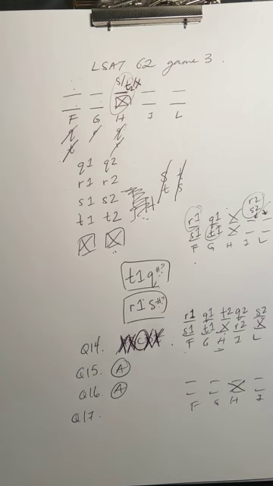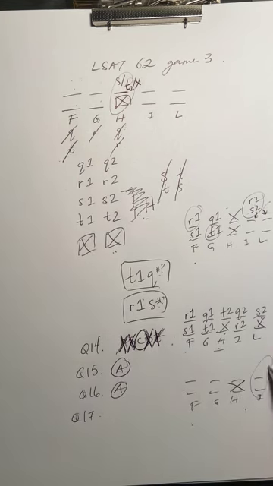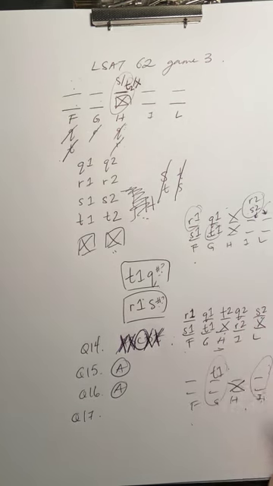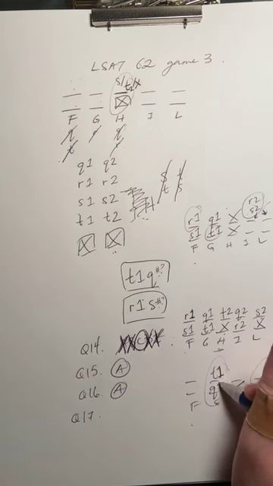And Q can't be here or here. Q1 is going to have to be with T1. So they're not going to be able to be here together, right? Because we wouldn't have room for T2. So the only way it's going to work is if we have T1 and Q1 in G.